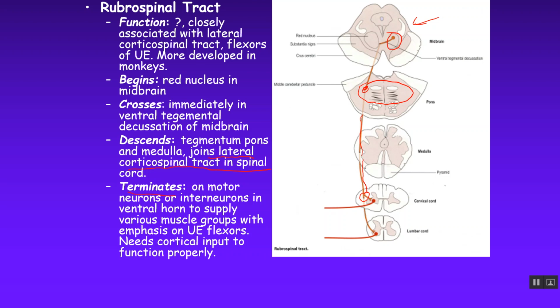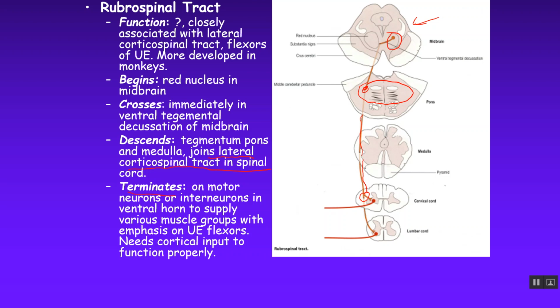It's because of the rubrospinal tract being allowed to work unencumbered and create too much flexion, and a combination of your medial activating pathways making too much extension in your leg and trunk. Okay.